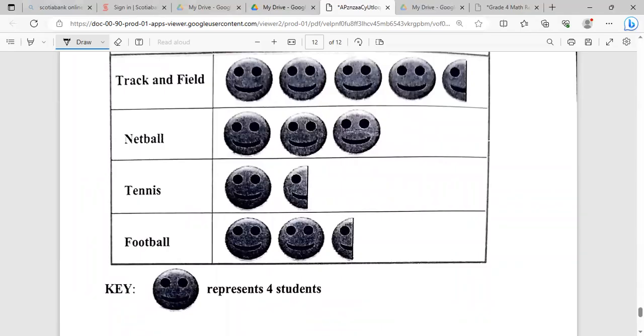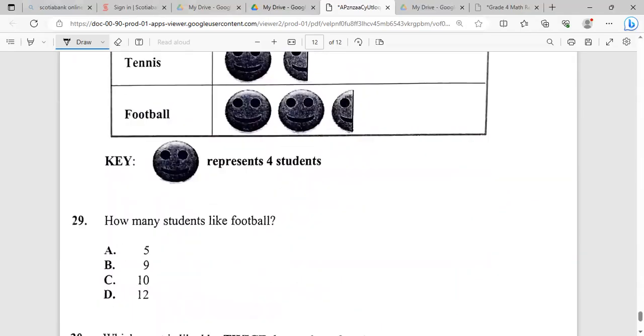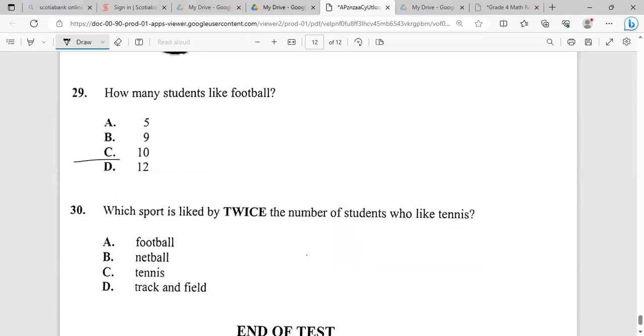Let's see what the first question says. How many students like football? So we have 4 plus 4 plus 2. Half of it will be 2, so 4 plus that will give us 10. And the final one, which sport is liked by twice the number of students who like tennis? So I'm going to see how many like tennis first.